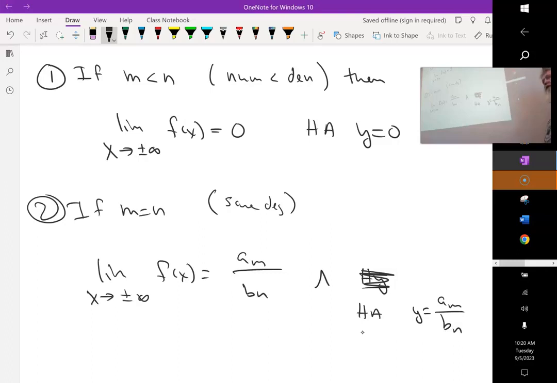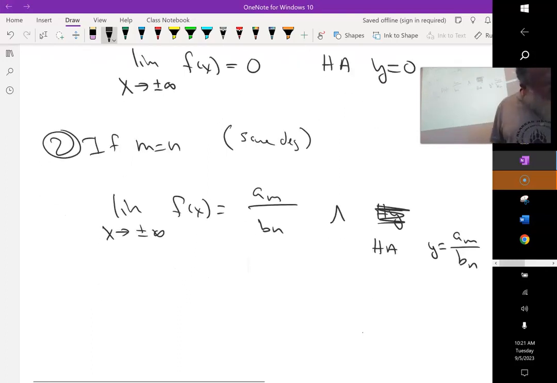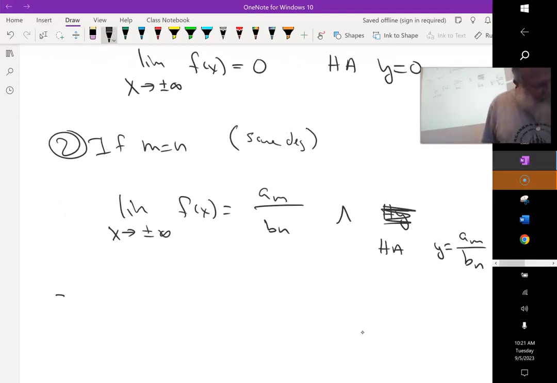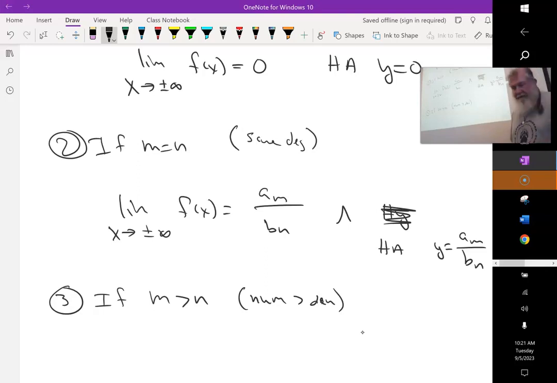So we got where the numerator is smaller. We got where they're equal. Then we got to go with the case if m is greater than n. That means the numerator is bigger than what? The denominator, degrees.